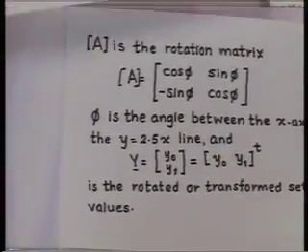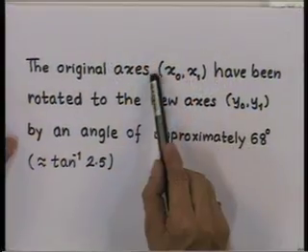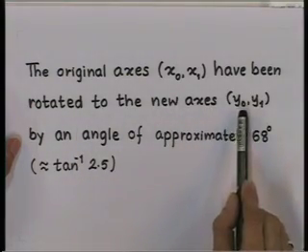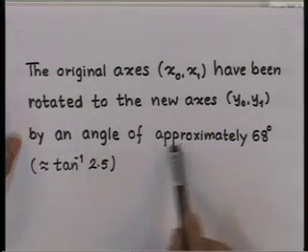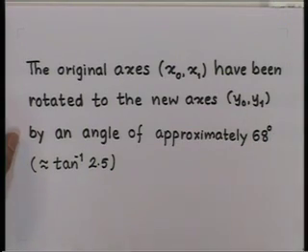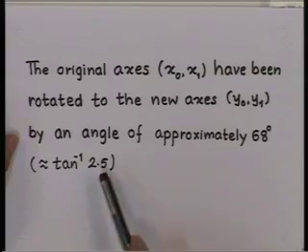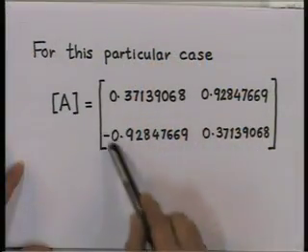In this case, the original axes x0, x1 have been rotated to the new axes y0, y1 by an angle of approximately 68 degrees, which is tan inverse of 2.5, and for this case we get the rotation matrix A given here.